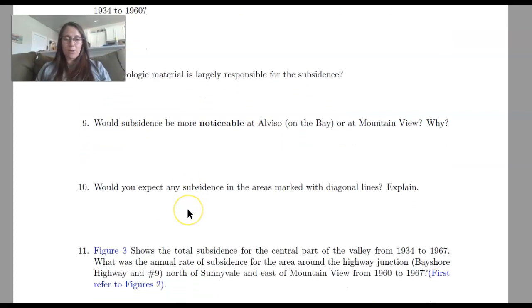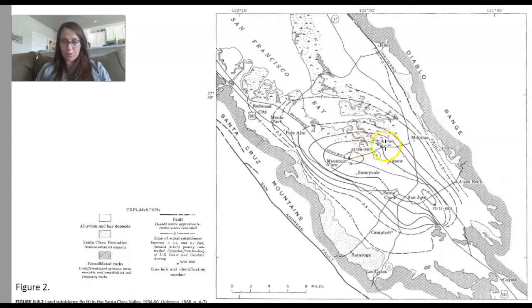All right, would subsidence be more noticeable at Alviso, which is on the bay, or at Mountain View? For example, if we go back to the map, you see Alviso is right here, so it is touching the bay, and then Mountain View is here, closer to the mountains. Both of those locations see a similar amount of subsidence, so you see this 4-foot contour line of subsidence pretty much touching both of those locations.